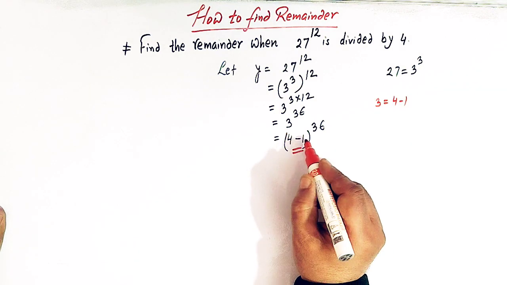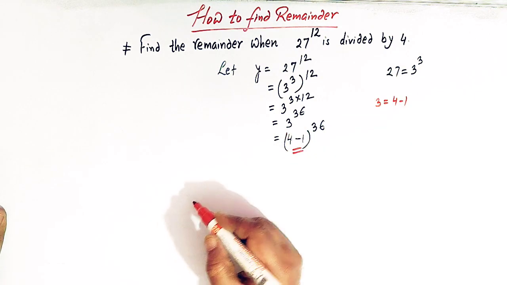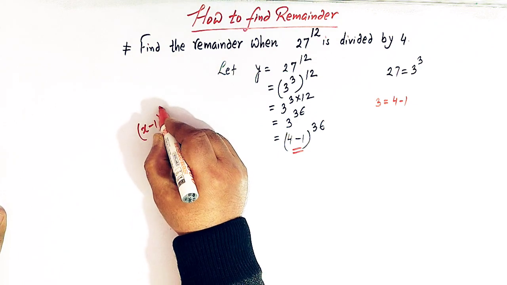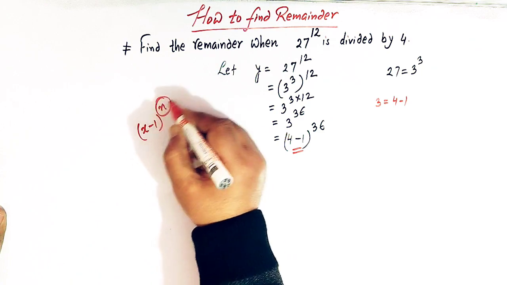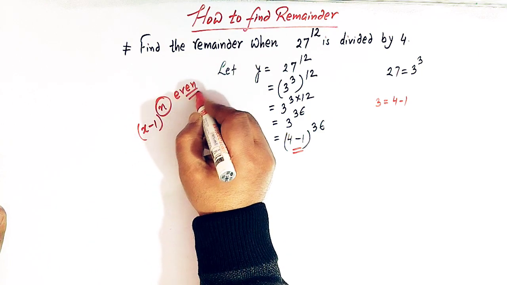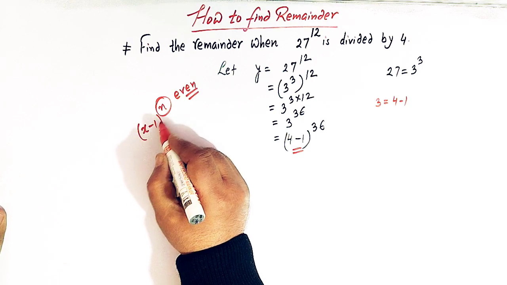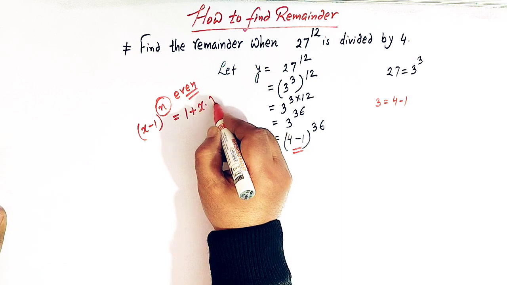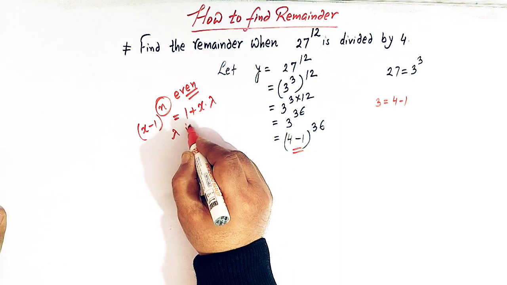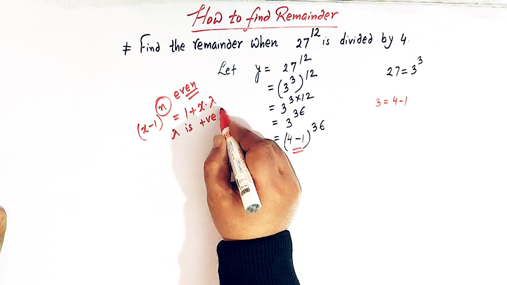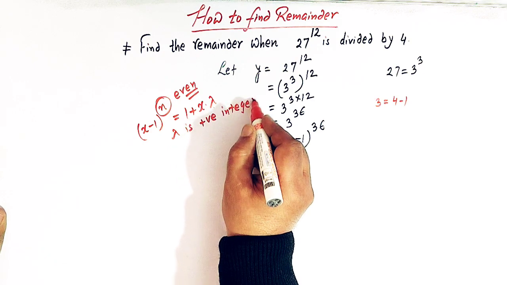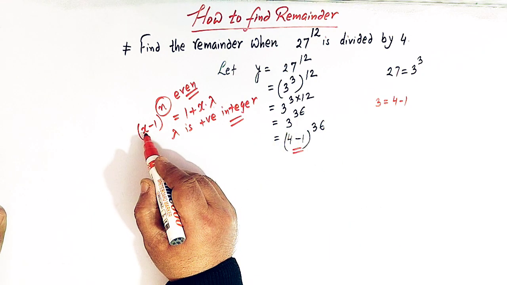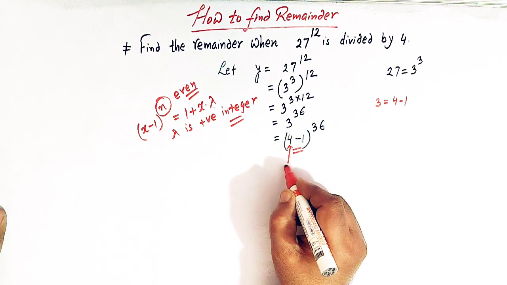Now I will make use of another concept, which says that if we have (x minus 1) raised to n and this n is an even positive integer, then (x minus 1) raised to n can be written as 1 plus x times lambda, where lambda is some positive integer. If we compare this with our term, then the value of x is 4.